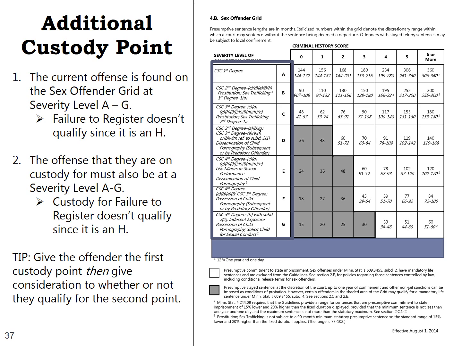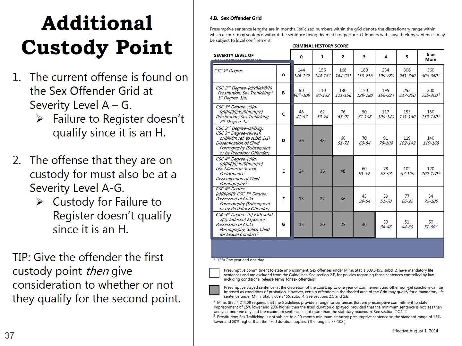In most cases, an offender is only going to receive one custody status point, but in some cases, an additional point can be assigned. So, first thing we want to look at is the current offense. Is that going to be sentenced off of the sex offender grid at severity level A through G?